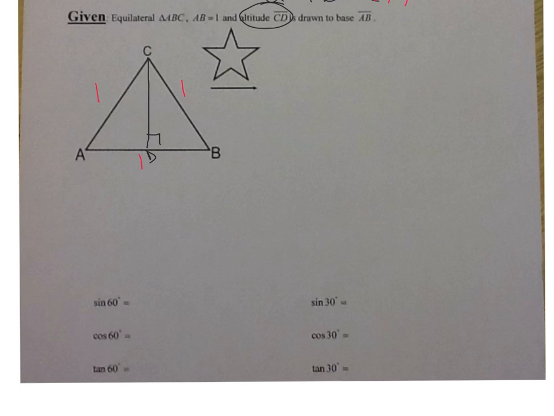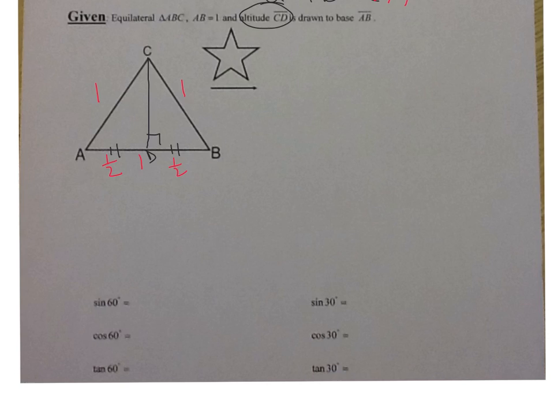The altitude, not only in an equilateral triangle, creates right angles, but it also bisects AB. So bisects means cut in half, so that means AD is equal to BD. So if AB is equal to 1, and it's getting cut in half because of the bisector, that means each piece is actually a half. So this is 1/2 and this is 1/2 here.